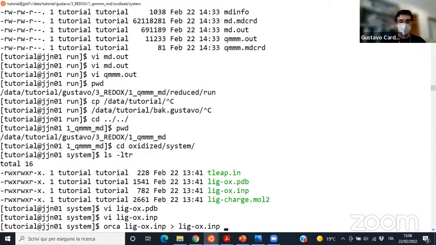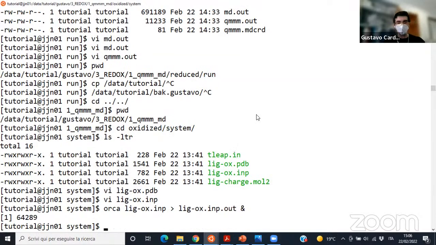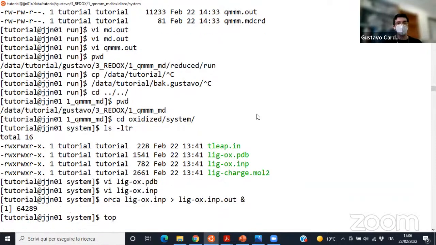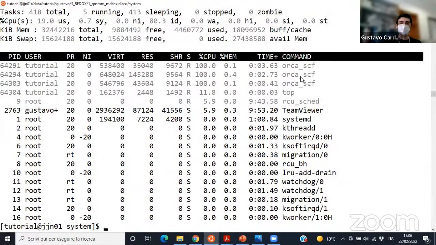I like to call it the same way as the input, apart obviously from a different suffix, because otherwise it will overwrite your input, and that's not nice. So we'll do it this way. The computation should be running. It'll take a minute or so. You see it is calling Orca SCF. Okay, how many cores are used? I have already answered that question.